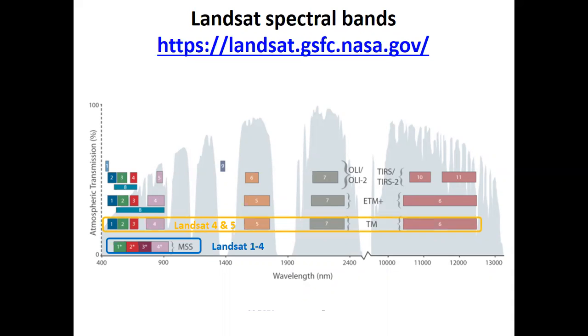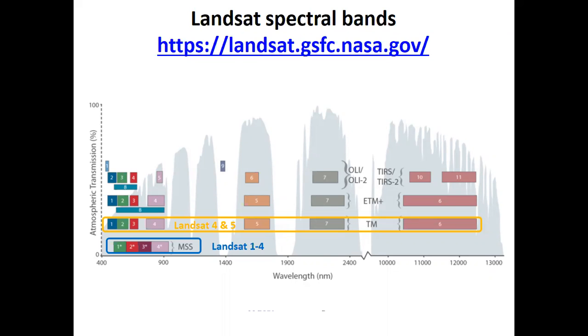Then on Landsat 5, which worked in orbit for more than 15 years, nearly 20, we also see that these bands are located in other parts of the infrared spectrum.